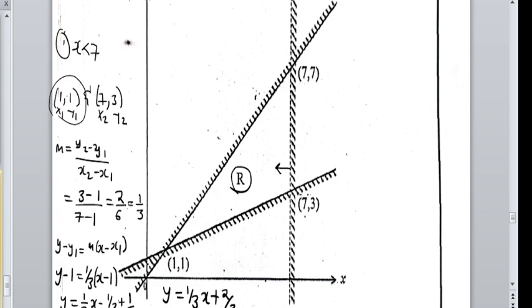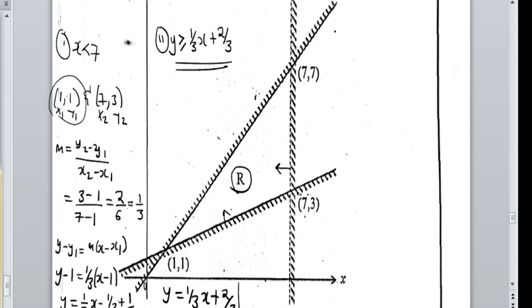Since this is a solid line and we need this part, which is the greater than part, the second inequality will be like this: y is greater than or equal to 1/3x plus 2/3. That is the answer.